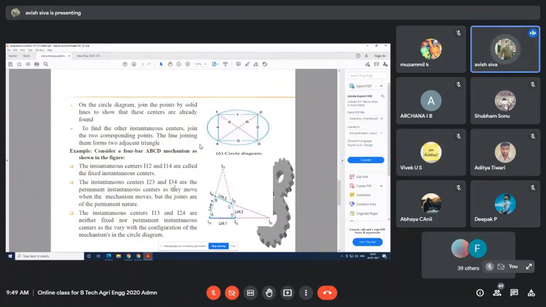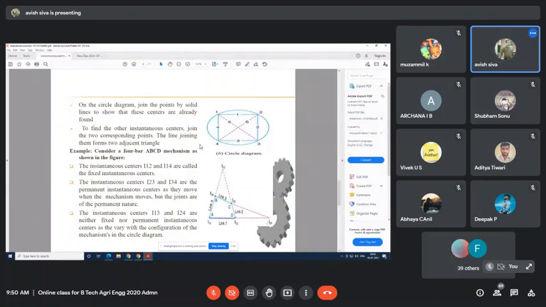Yes, the concept is you have to extend some links, which is not clear. See, when you extend two links, you will get those points. So which link you need to extend, that is not clear. In order to understand that, you are in need of I13 and I24, the remaining two instantaneous centers.